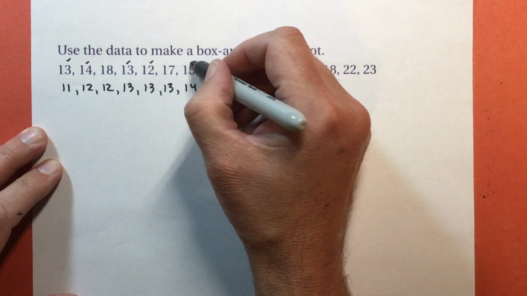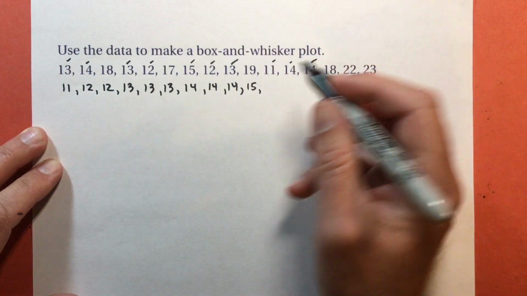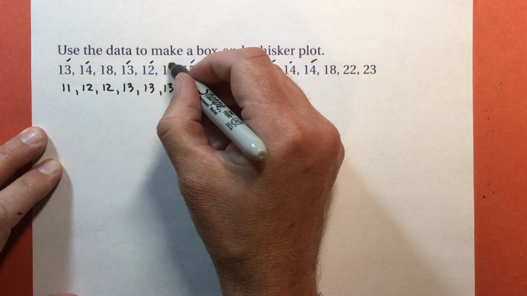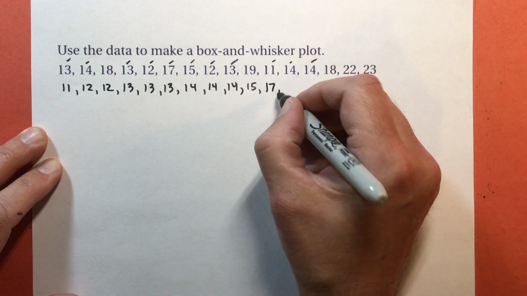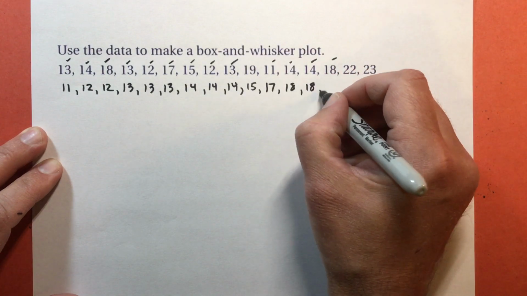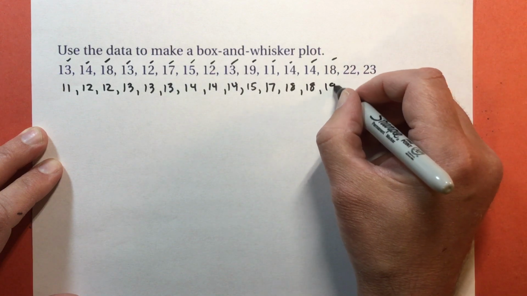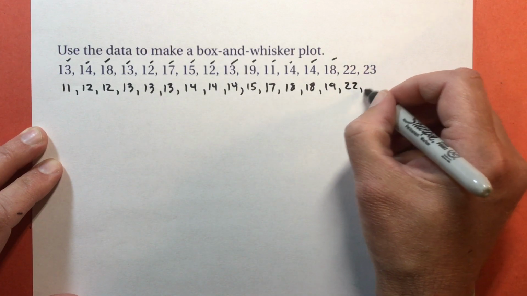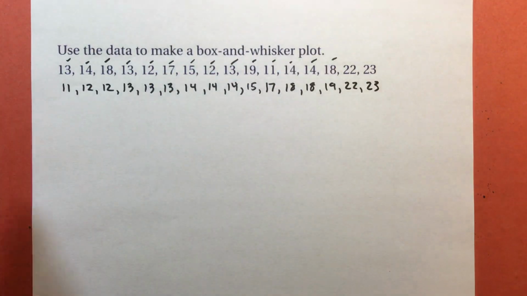Here's a 15. That's the only 15 that I see. I don't see any 16s. Here's a 17. I know I got a couple of 18s. Here's a 19. Oh, and this is nice. 22 and 23 there at the end. And again, all my commas matched up, so I know I've got the same number.